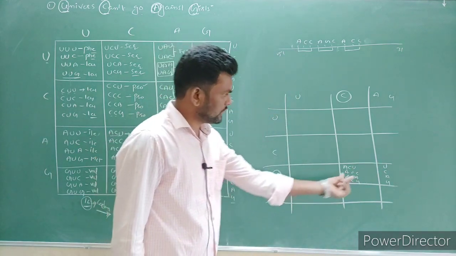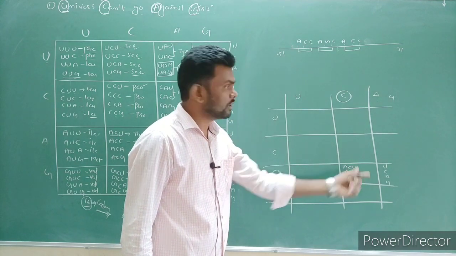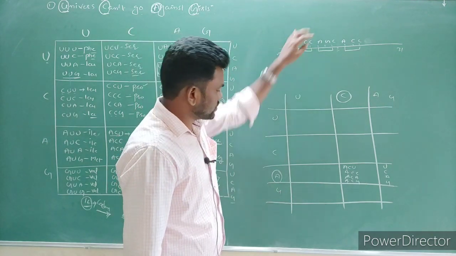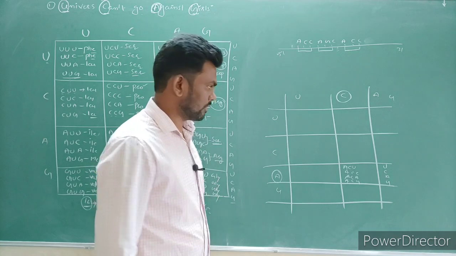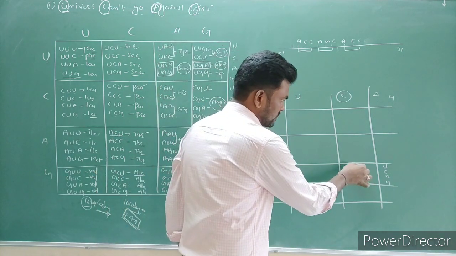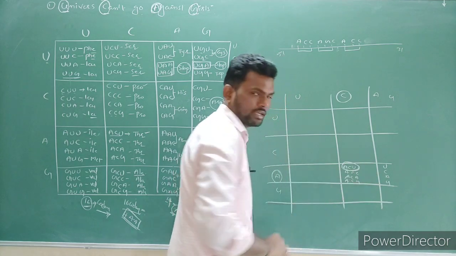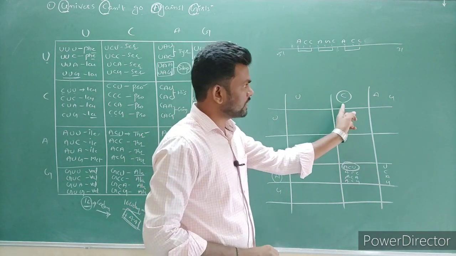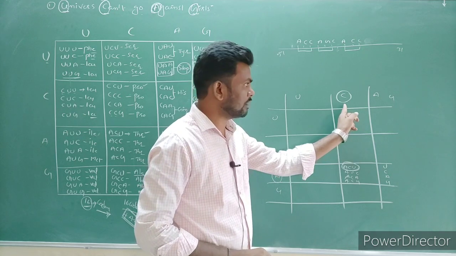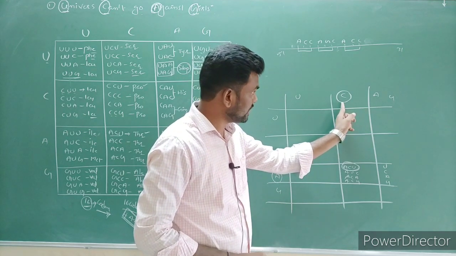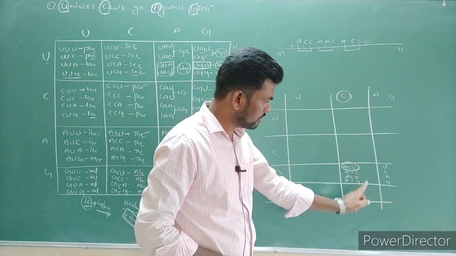Right? So here is the code. ACC is going to code for which amino acid we have to find out. So this is actually one codon. We have to find out which amino acid this codon is going to code for. Simple. We have to remember the second column story. Second column story, 1, 2, 3, 4.